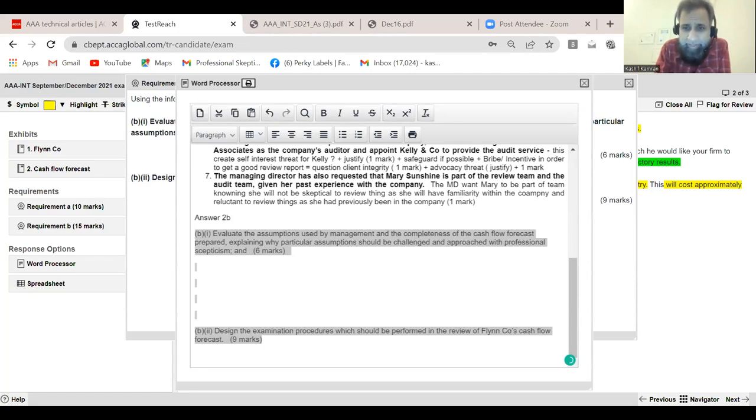Plus, there are material uncertainties relating to going concern, and the managing director is desperate about the $15 million loan, so there is a high risk of overstatement of cash inflows and understatement of cash outflow.